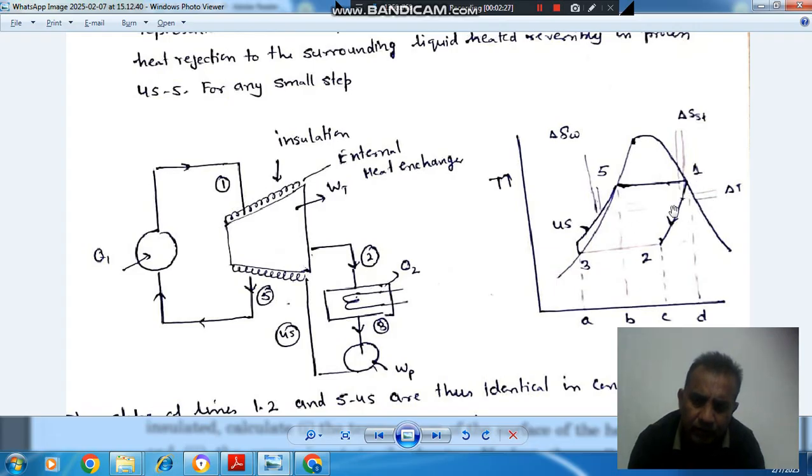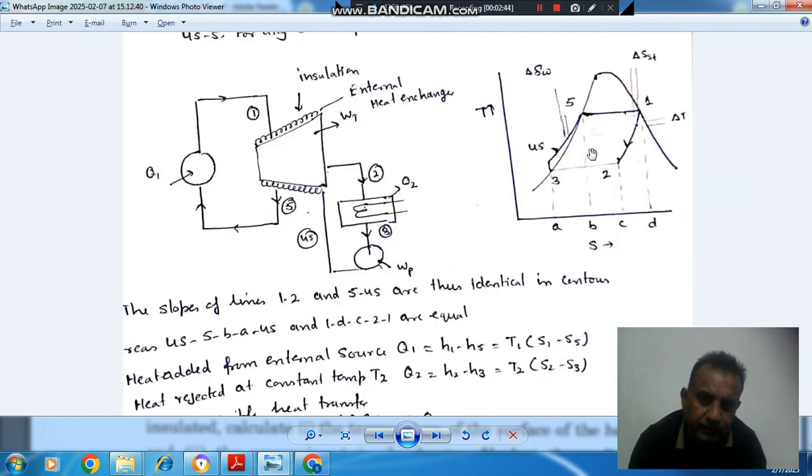It means we can assume that at each and every point the temperature of steam and water is constant for the process to be reversible. It will be a reversible process. So then this cycle approaches the Carnot cycle, because there is no heat loss here.